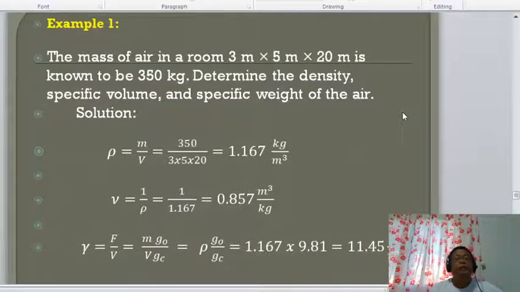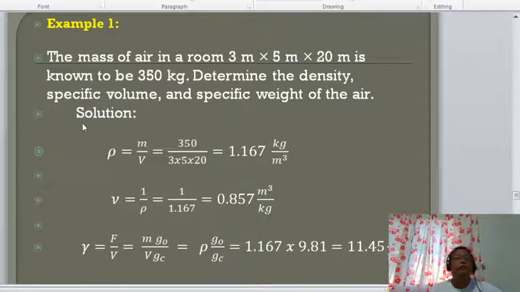Let us now consider this example. The mass of air in a room of 3 meters by 5 meters by 20 meters is known to be 350 kilograms. Determine the density, specific volume, and specific weight of the air.